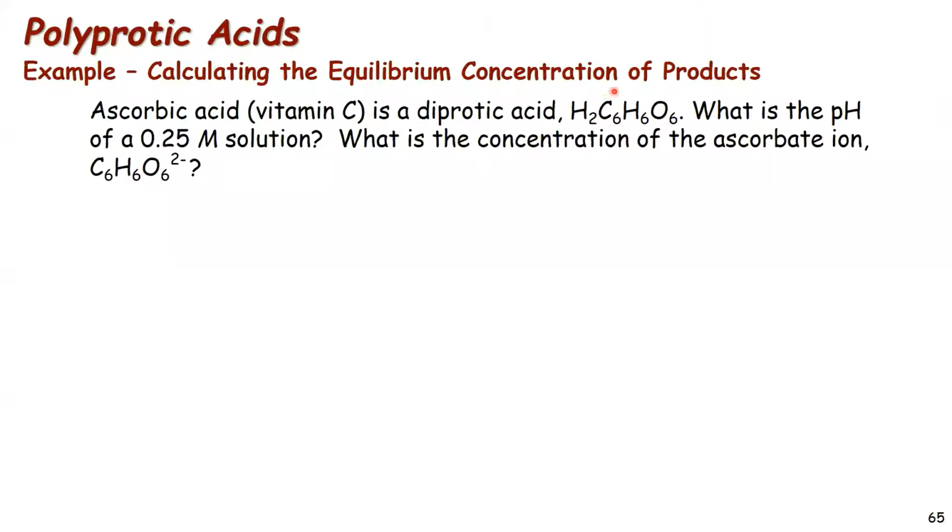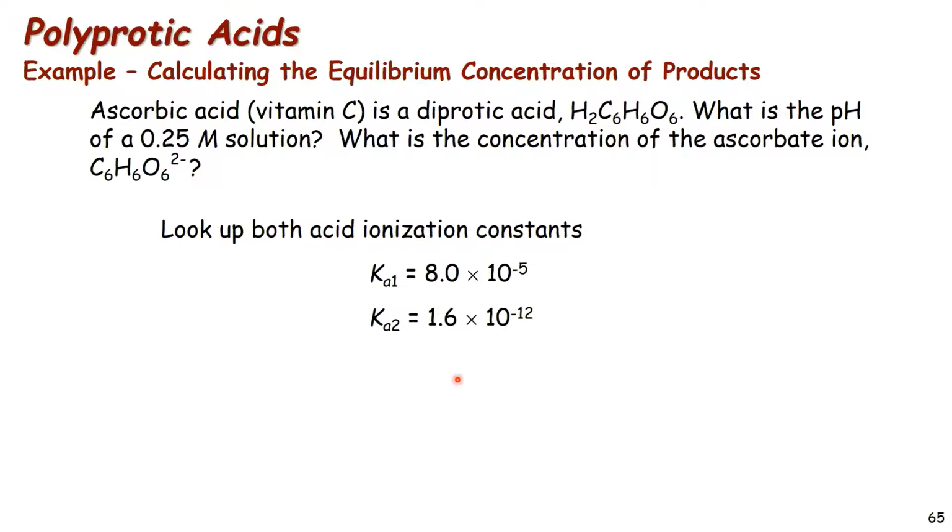So to deal with the pH, like I said, we only have to deal with the first loss of the hydrogen ion, right? So we're going to look up the Ka values, both of them in this case, for the ascorbic acid. So there's the Ka1, and we can see that the Ka2 is much, much weaker, 7 orders of magnitude, 10 to the 7, right?